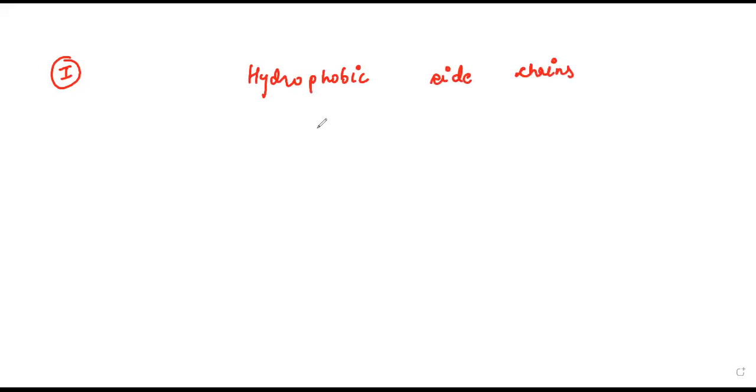These are the amino acids that do not have polarity or charge in their side chains, and the mnemonic for them was GAVLIMP, meaning glycine, alanine, valine, leucine, isoleucine, methionine, and proline.